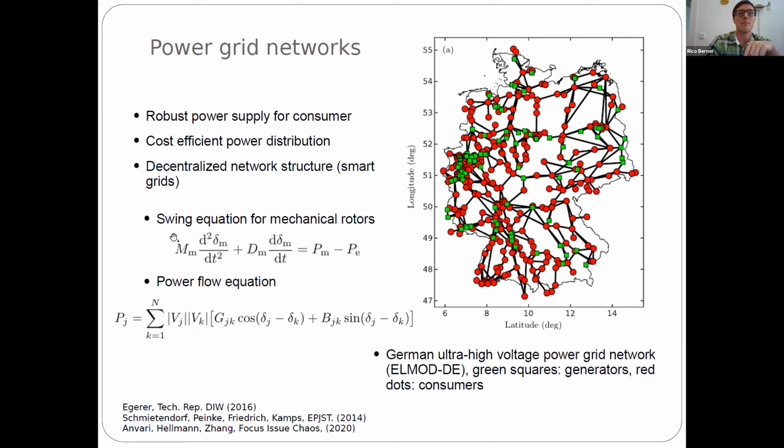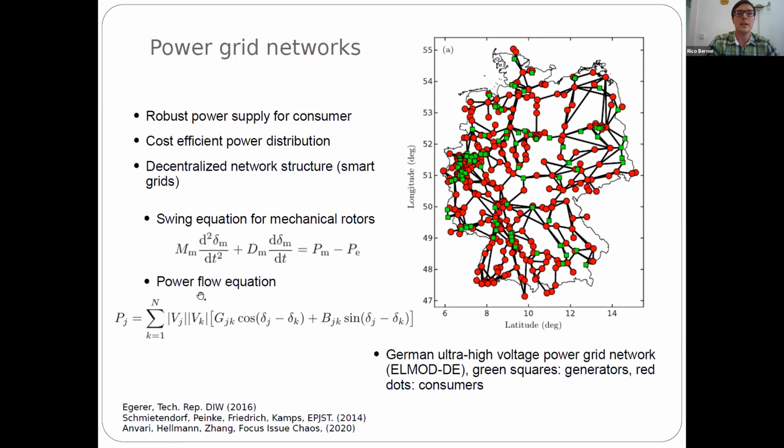We have certain momenta parameters, and we have a damping parameter, and we have some power influx and outflux, which is concerned with the mechanical power or the electrical power, and then you have also the power flow on the network.